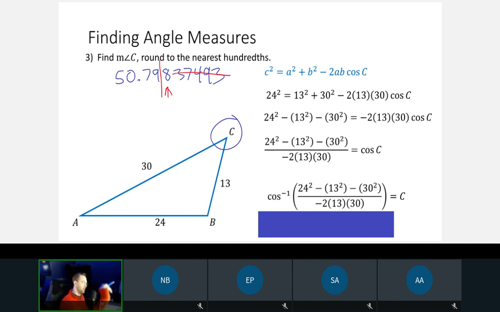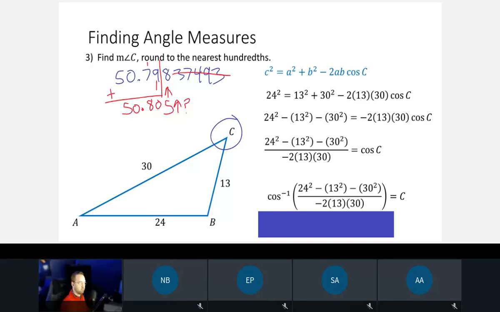We only care about the number after that vertical line, and we ask ourselves, is that a 5 or higher? And the answer is yes. So all we do is add 1 here: 9 plus 1 is 10, carry the 1, 7 plus 1 is 8, and everything else just drops down. That is rounding in a nutshell.